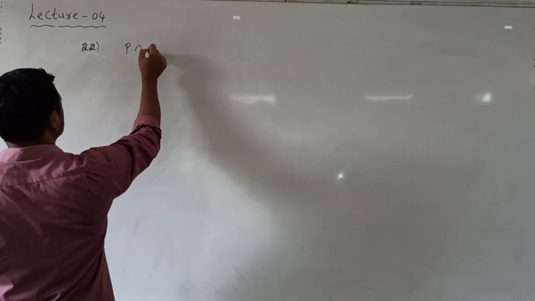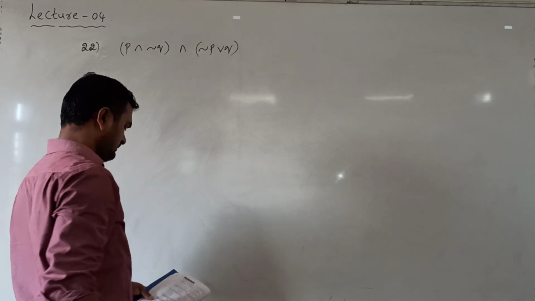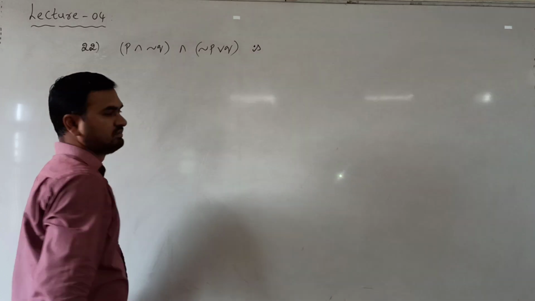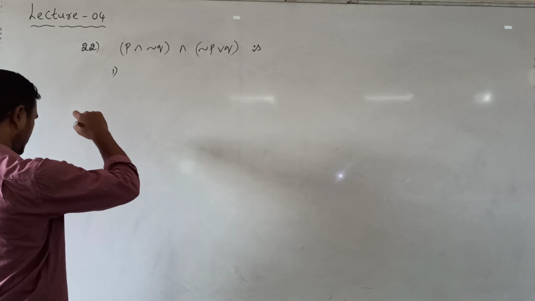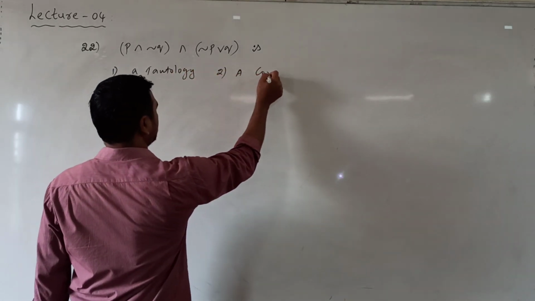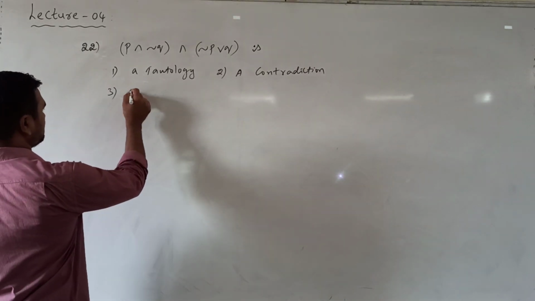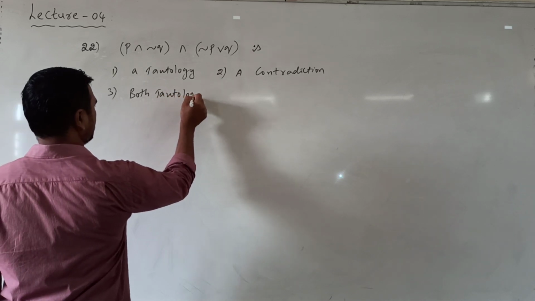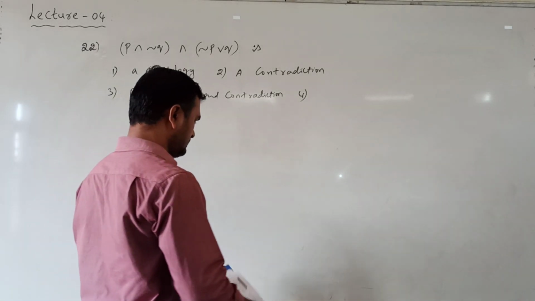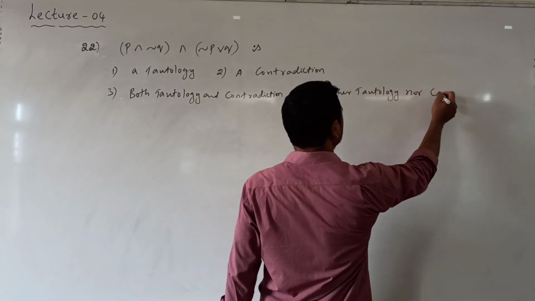P and negation Q, and negation P or Q. The compound proposition (P and negation Q) and (negation P or Q) is: the options are first, a tautology; second, a contradiction; third, both tautology and contradiction; and fourth, neither tautology nor contradiction.